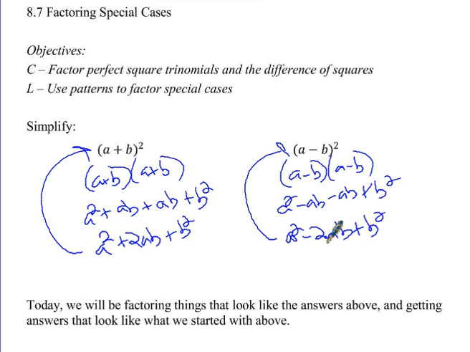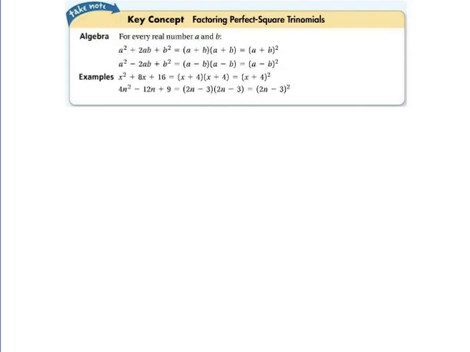So let's go on. And here's your key concept for this section. If you're trying to factor perfect square trinomials, and you see a perfect square in the first term, and you see a perfect square in the last term, you may have a perfect square trinomial. You have to check, though, to see if the middle term matches the pattern.